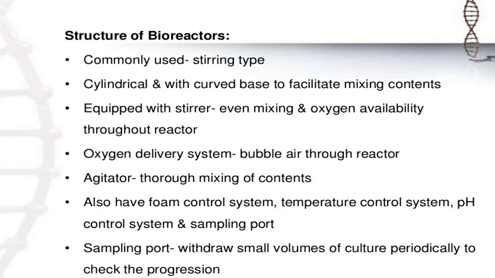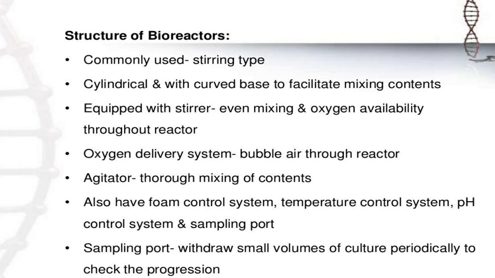The structure of a bioreactor. Commonly used is the stirring type, cylindrical with a curved base to facilitate mixing of contents, equipped with a stirrer for even mixing and oxygen availability throughout the reactor, an oxygen delivery system that bubbles air through the reactor, and an agitator for thorough mixing of contents. It also has a foam control system, temperature control system, pH control system and sampling port.